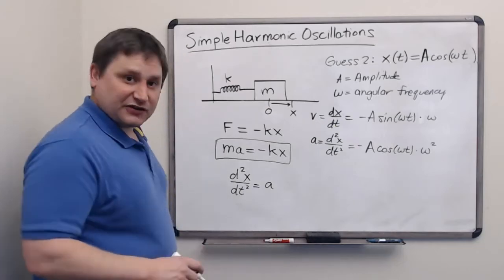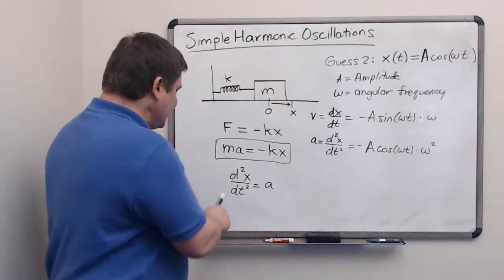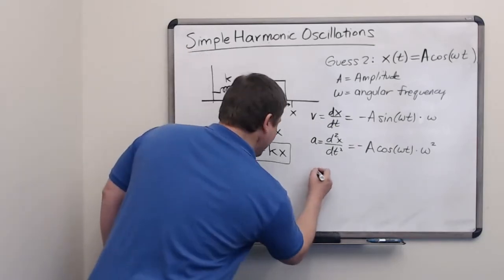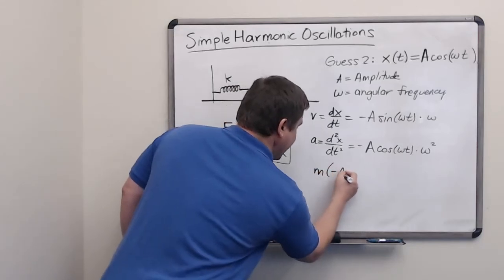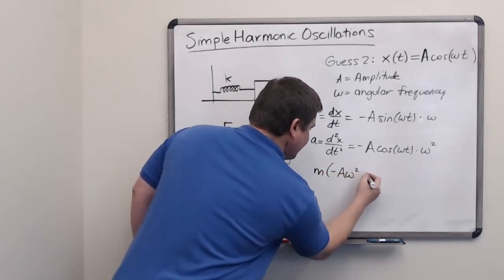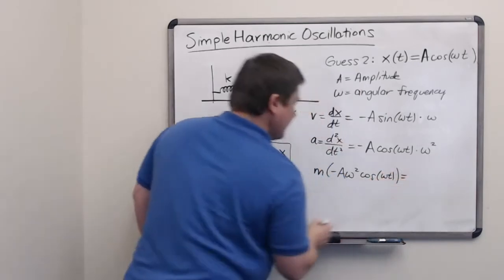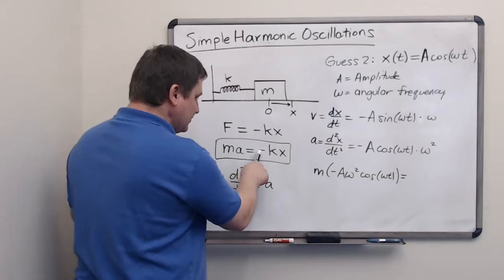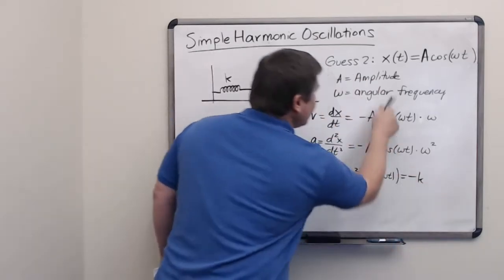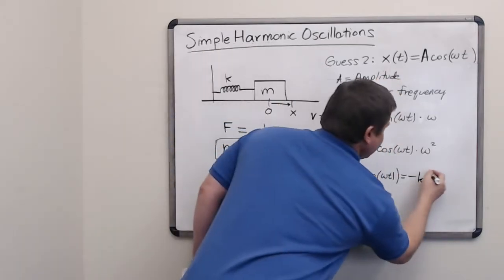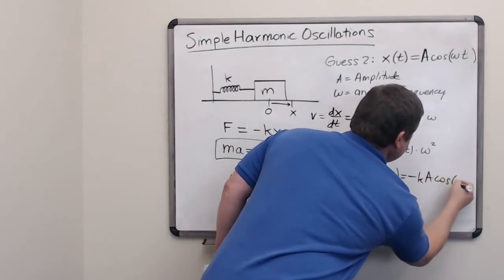So there's our expression for the acceleration a, and let's plug that in. So now we have m times minus A omega squared, I move to the front, cosine omega t. We have to check if that's equal to minus k times the x function itself, so A cosine omega t.